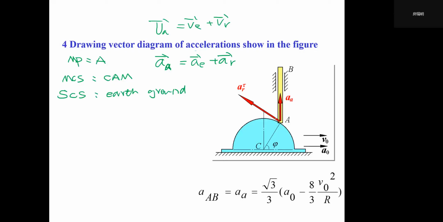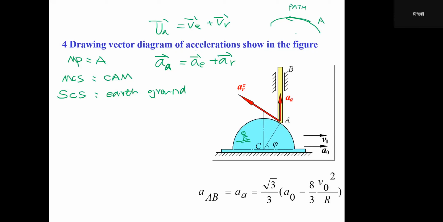And this is AR. Maybe here it is a little bit difficult for you to understand, because when we are sitting on this MCS, on this cam, and we look at the point, it is more like this phenomenon: we find point A moving along a fixed circular trajectory or path.